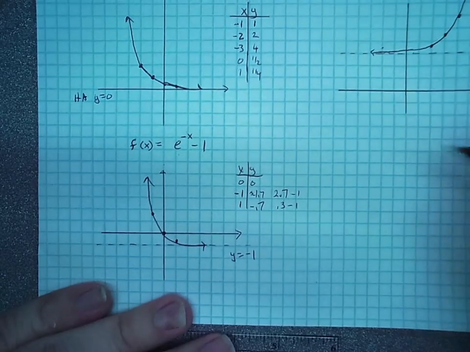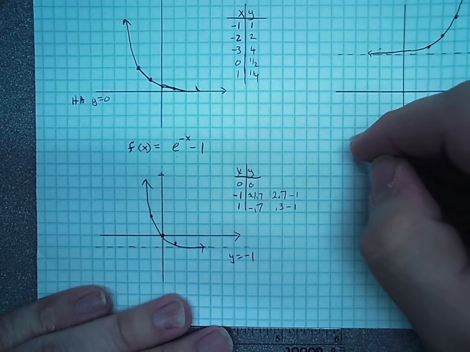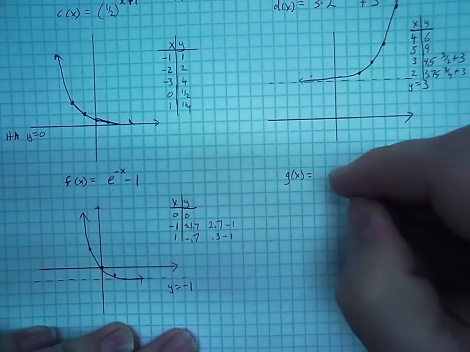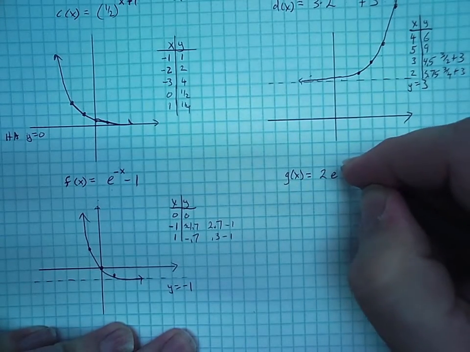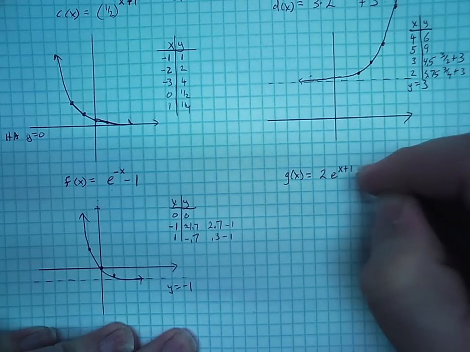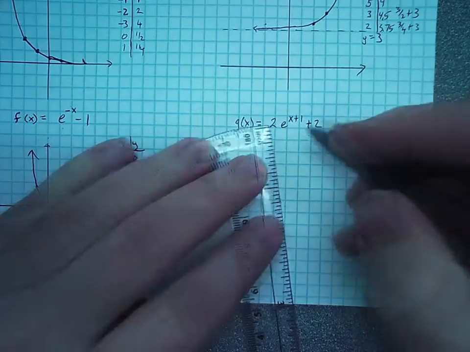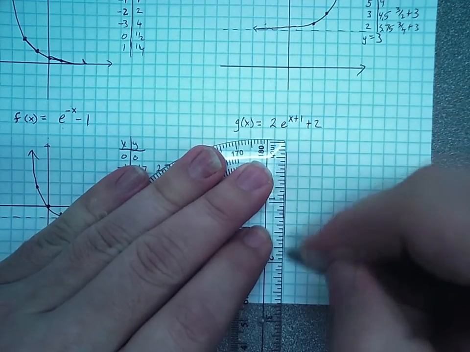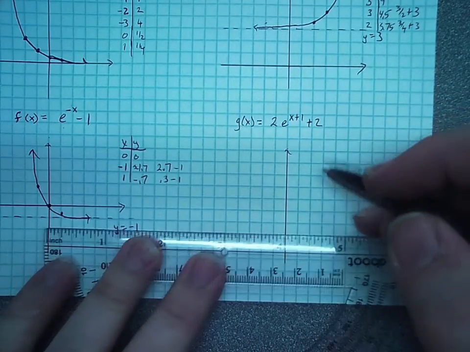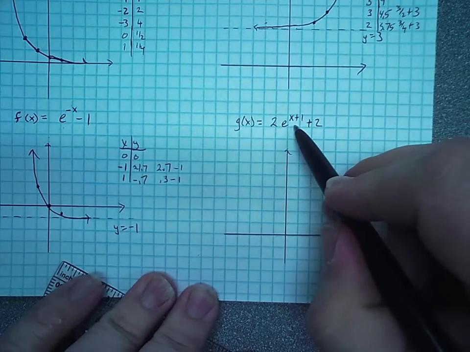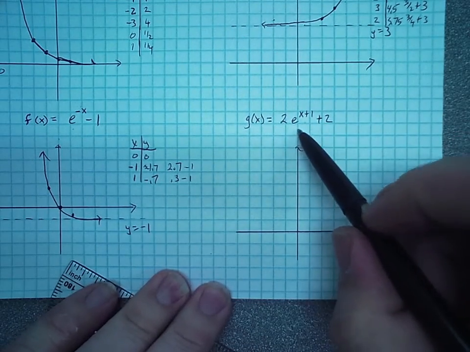Let's move on to the next one then. So my last example for this section, 2e to the x plus 1 plus 2. First thing I'm going to do is note that it is exponential growth because the exponent no longer has a negative and e is bigger than 1.